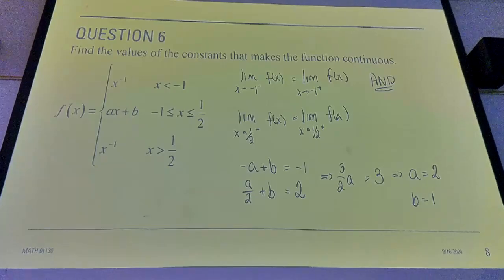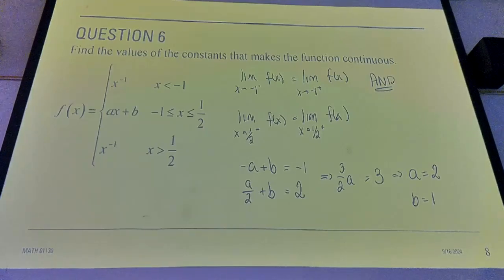A equals 2, b equals 1 guarantees that the 2 limits exist. Well, no, because the way that we set it up guarantees now the limits are going to exist, because the 2 one-sided limits are going to be equal. The question is, do the limits equal the function evaluated at that point?